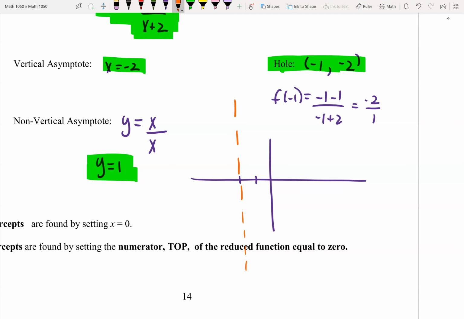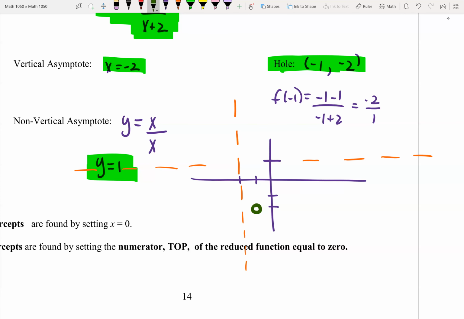One part on the right and one part on the left. Okay. Come right here to y equals 1. That's going to be a horizontal asymptote, but I'm going to leave the center open. And then I have a hole at (-1, -2). So that's left 1 and down 2. I have an open circle right there.